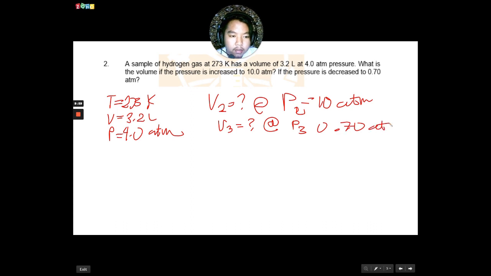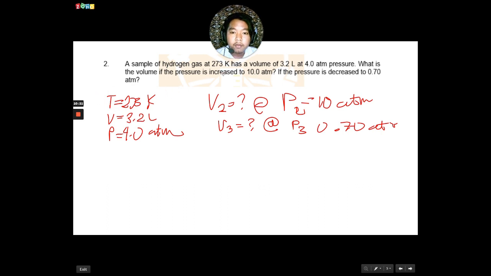atm. Alright, first things first, you might think that since we are given P, V and T, we'll be using the combined gas law. But notice, on the other side of the problem, there is no change in temperature, though there is no given temperature. So we will assume that the temperature is constant.